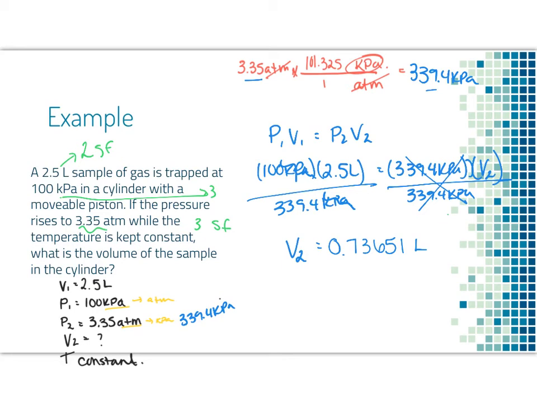Because we used only multiplication and division in this case, we're going to be using 2 significant digits, the lowest number. So my answer should be 0.74 liters.